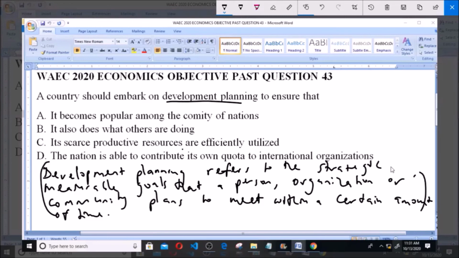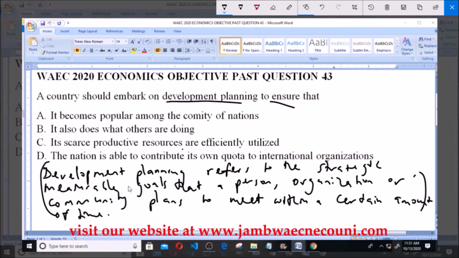Okay, so from the options given to us, option C, which says to ensure that its scarce productive resources are efficiently utilized, is the most likely and correct answer, because as we have seen from the definition, development planning refers to strategic, measurable goals.